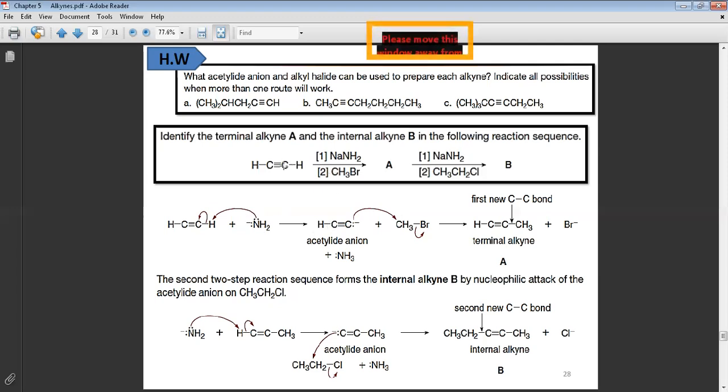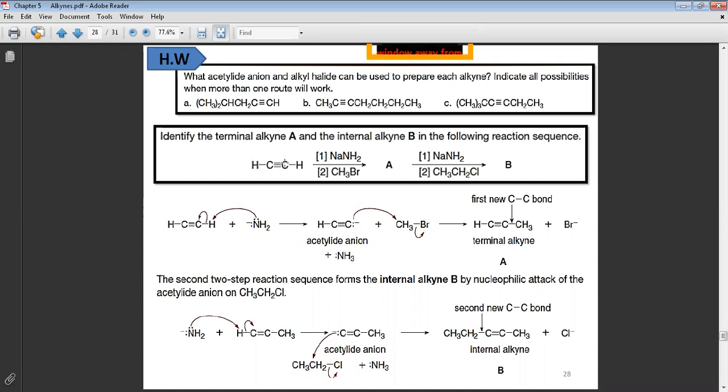Second, the acetylide anion will attack this primary alkyl halide, giving substitution. Now, another base will remove this proton, giving another acetylide anion. This acetylide anion will attack this carbon of the primary alkyl halide, and the halide with its minus charge is removed from the structure to give you the final terminal alkyne.